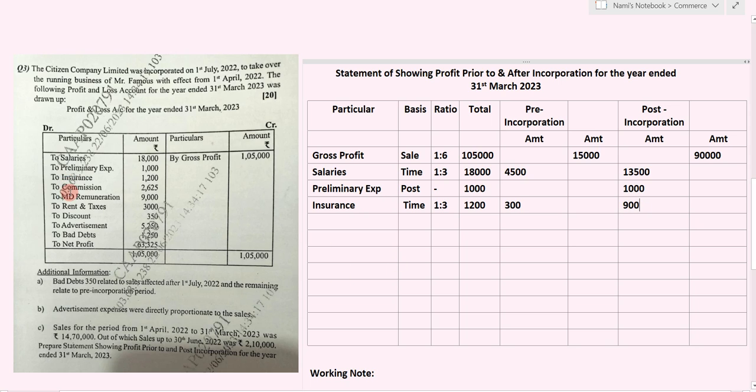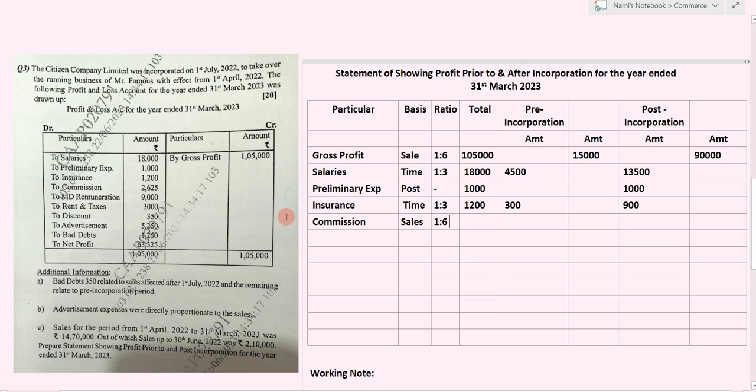After insurance, commission. Commission is related to sales. So we have to distribute commission on the basis of sales ratio for pre-incorporation and post-incorporation. Sales ratio is 1:6.